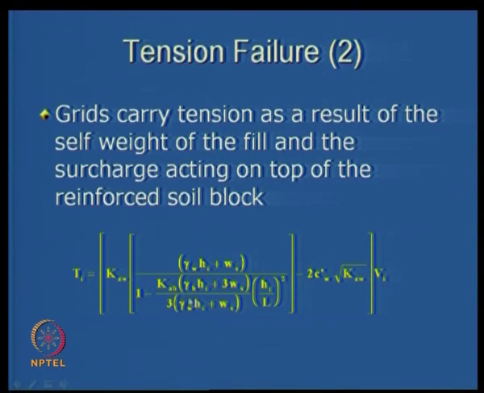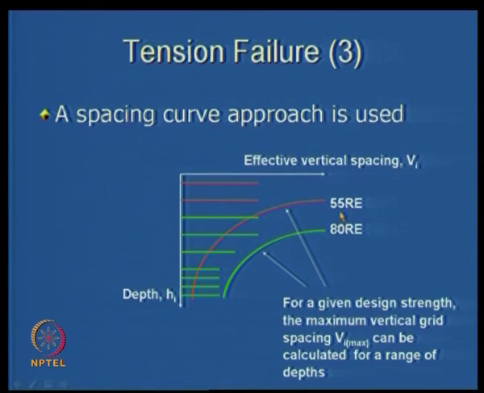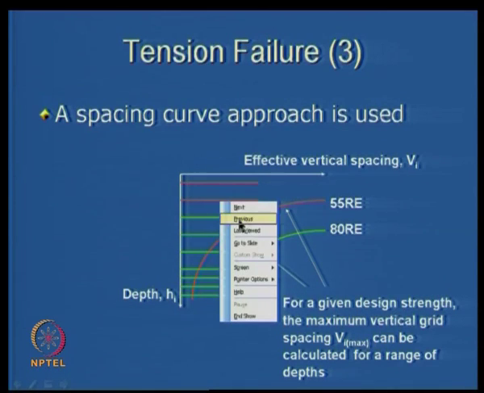Everything is known here, and based on this you can calculate the Ti required, or otherwise we know what type of reinforcement materials we have, say for example, in this case 55 grade and 80 grade. I can construct back what should be the spacing if I have this sort of reinforcement at different depths, which is given by this equation.